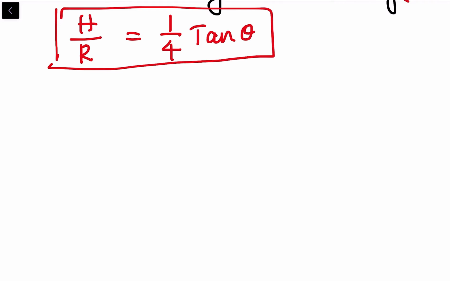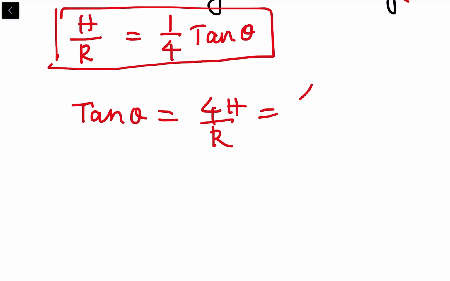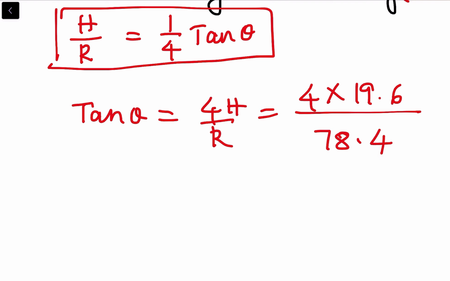We will get tan theta is equal to 4h by r. That is 4 into h, which means 19.6, divided by r, which means 78.4. Now simplify this however you want.